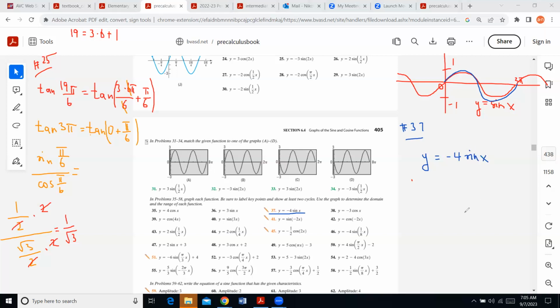Well, if you remember that when we graphed, let's say, the parabola x squared, then multiplying this x squared by a negative would do nothing but reflect the graph through the x-axis.